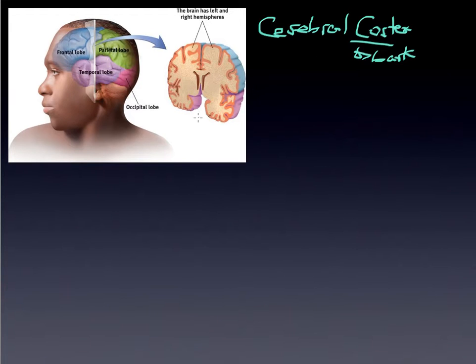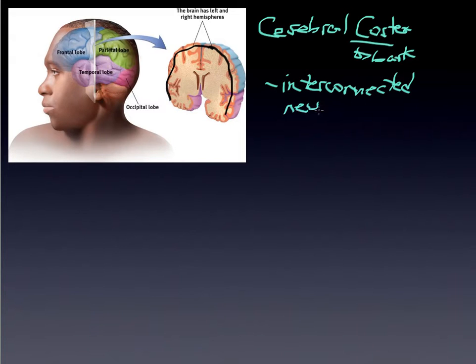Essentially what you're looking at in this cross section here, in these areas that you see color coded, is what we refer to as the cerebral cortex. It's the outer surface of the brain, and it is filled with interconnected glial cells and neuron cells.